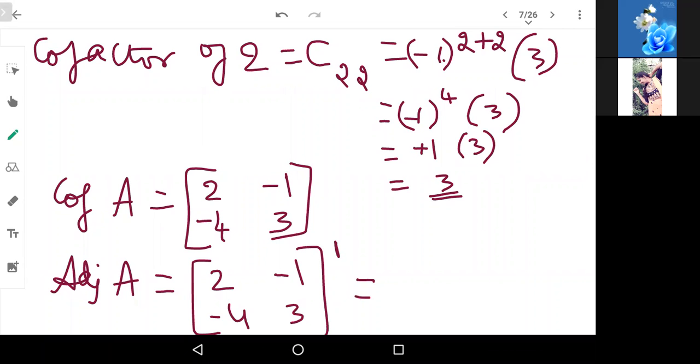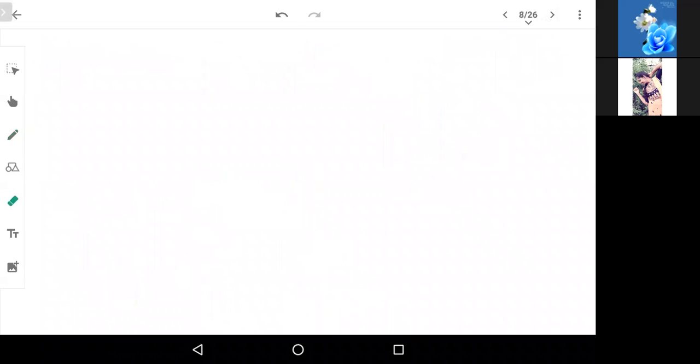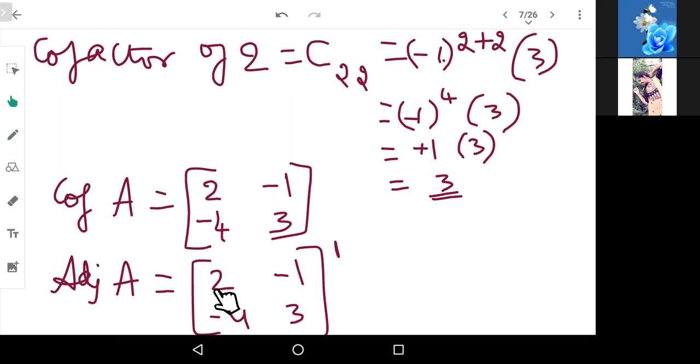So in adjoint A, your first row, that is 2 and -1, will become the first column.